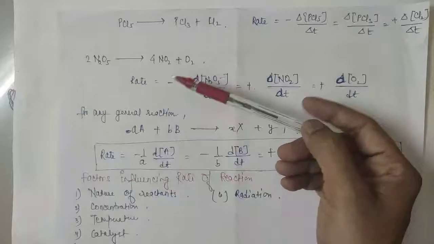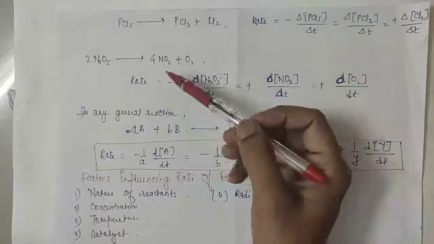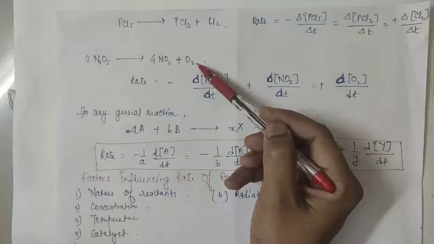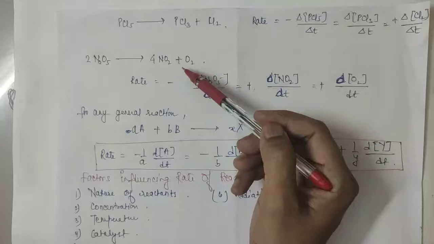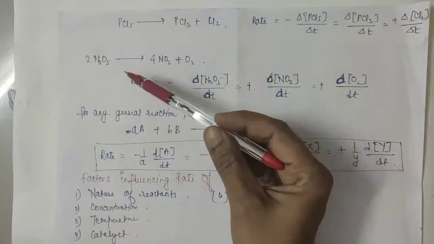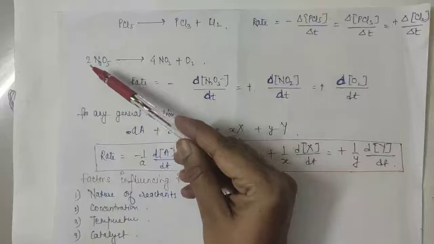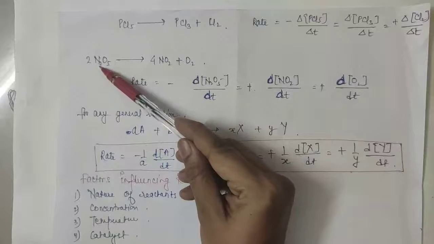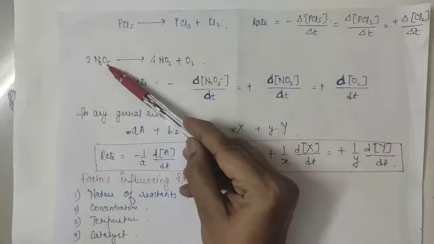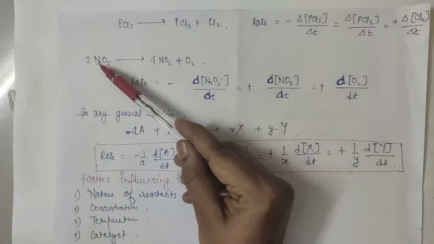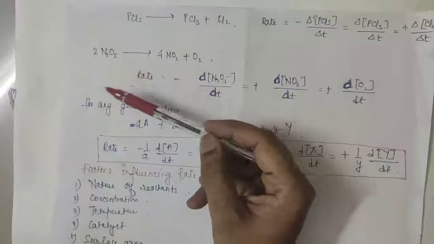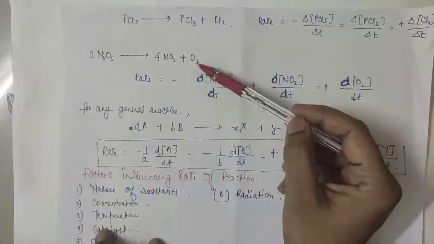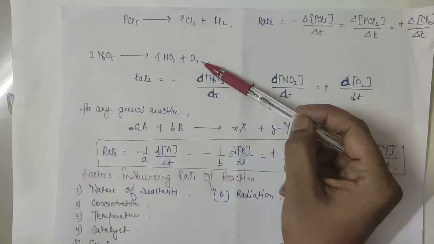Clearly from the equation you will see that the rate of appearance of oxygen is half the rate of decomposition of N2O5. That means the rate of decomposition of N2O5 is twice the rate of appearance of oxygen in the reaction.